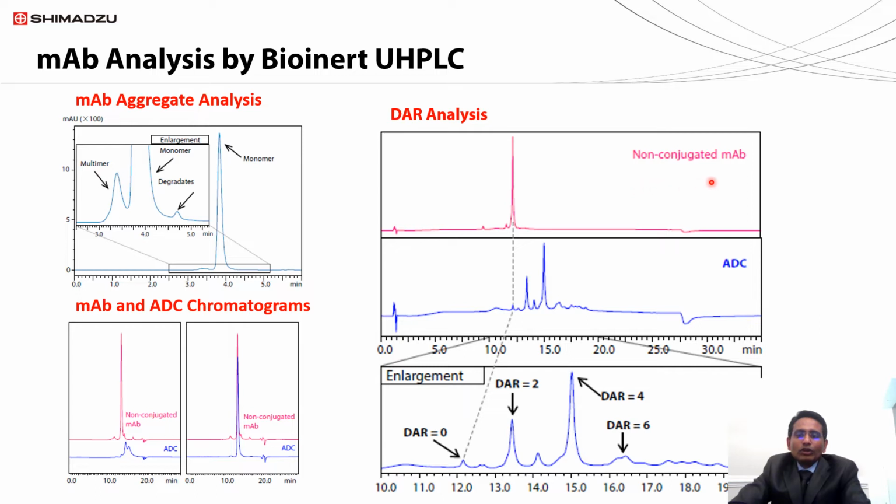Here you will see non-conjugated mAb and the lower panel is ADC. For that you can see that all the DARs like DAR 0, DAR 2, DAR 4, DAR 6 are nicely separated and identified. That means the bioinert UHPLC is a very powerful tool to do the drug to antibody ratio as well as the conventional mAb analysis.